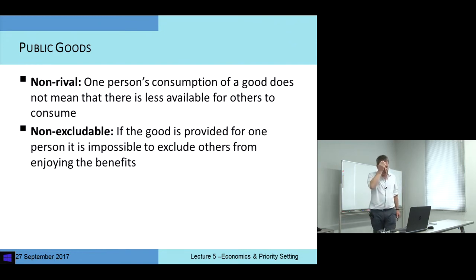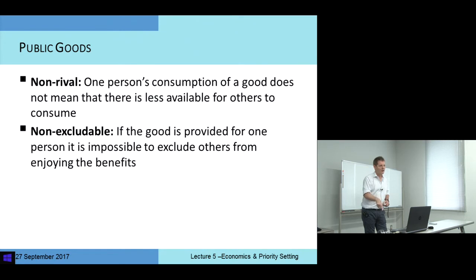And the second characteristic is non-excludable. This is saying that if the good or service is provided for one person, it's impossible to prevent others from enjoying the benefits. Now, this lecture is excludable.